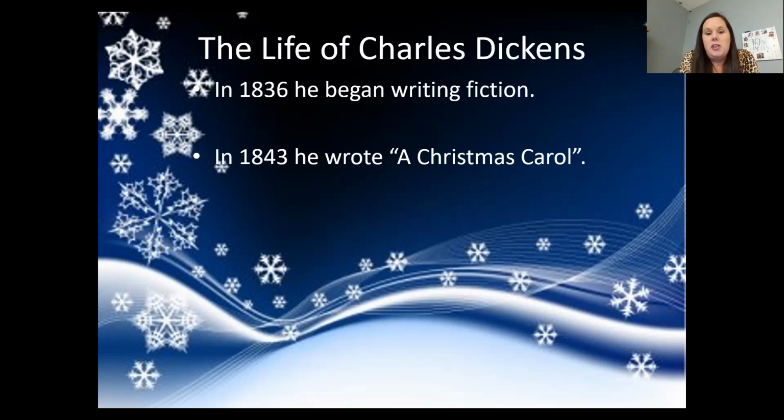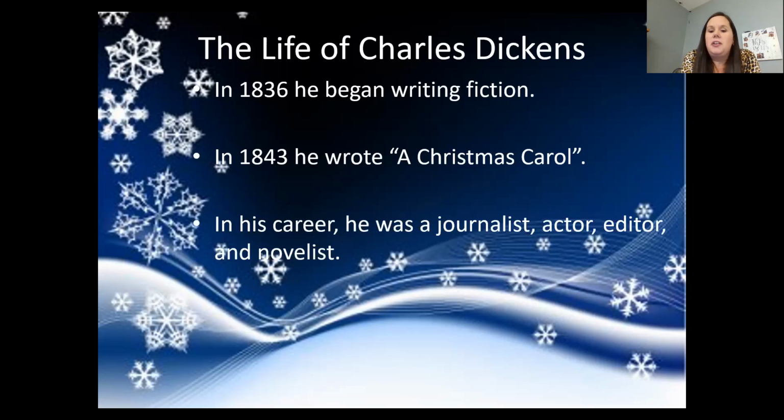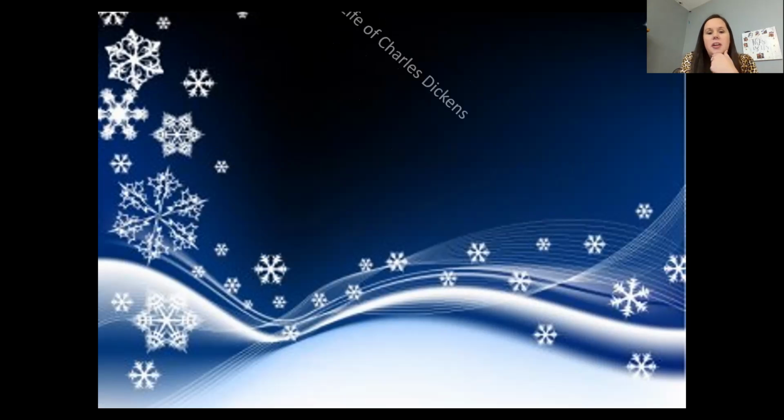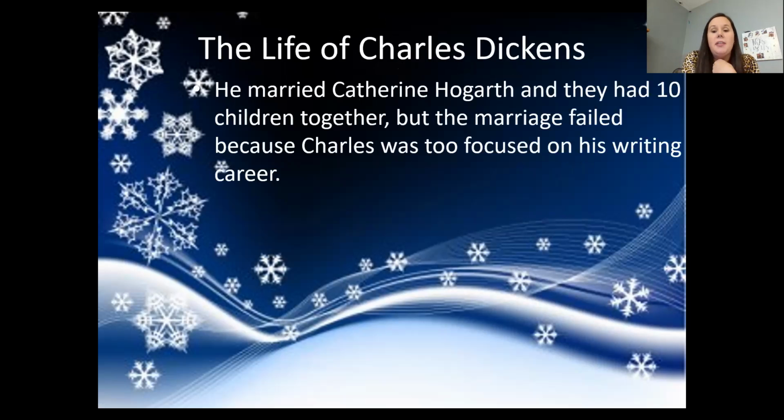In 1843, he wrote A Christmas Carol. In his career, he served as a journalist, actor, editor, and novelist. He married Catherine Hogarth, and they had 10 children together, but the marriage failed because Charles was too focused on his writing and couldn't be there for the family.